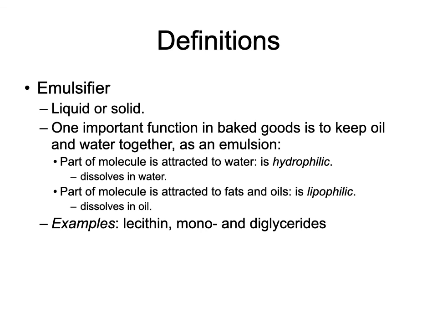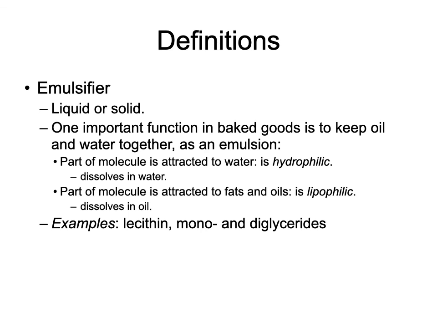Add some emulsifier like lecithin, for example, as mentioned down here in the examples, and lecithin will help the oil and water combine and hold a stable mixture. So in an emulsifier, part of the molecule is connected easily to water and the other is attracted to oil. And what that does, it allows little globules of oil and water to connect and hold together as a stable mixture.